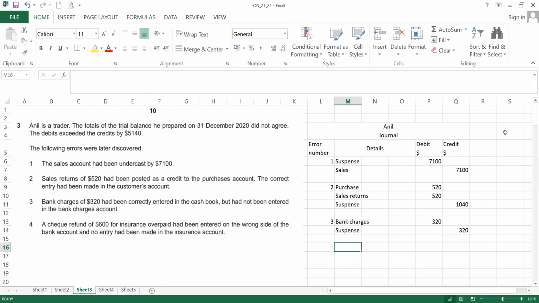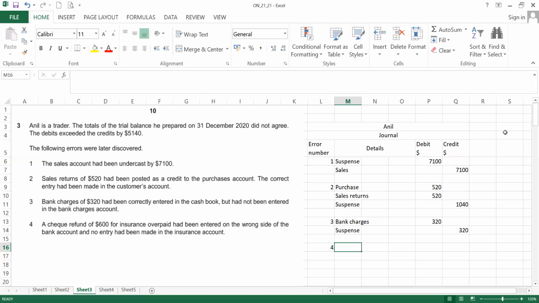Okay, now next is number 4. A cheque refund of 600 for insurance overpayment has been entered on the wrong side of the bank account and no entry has been made in the insurance account. So wrong side in the bank.